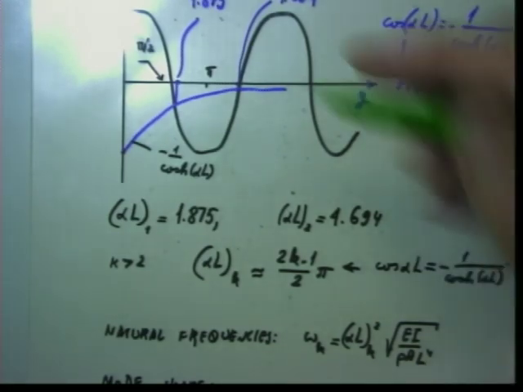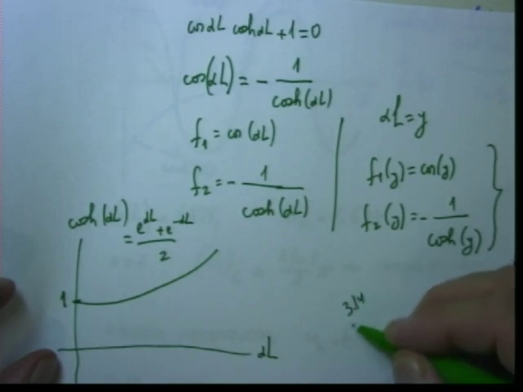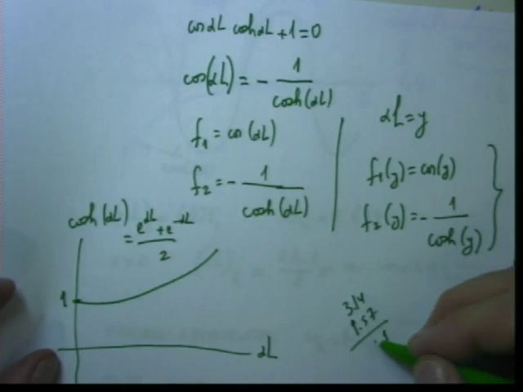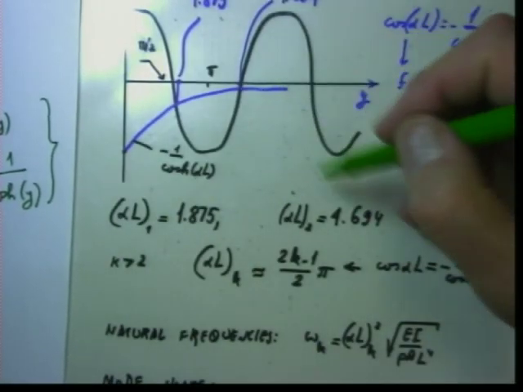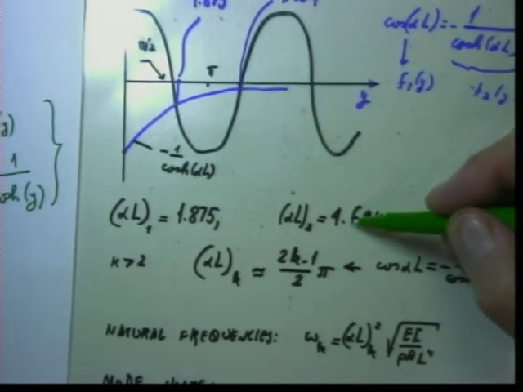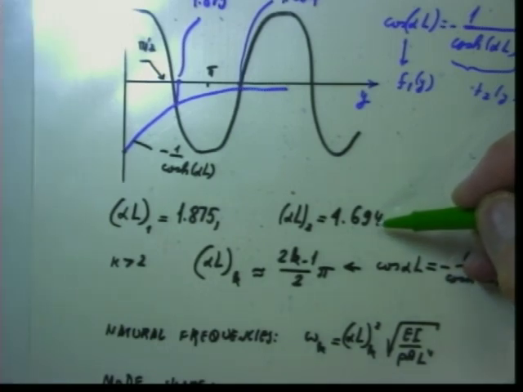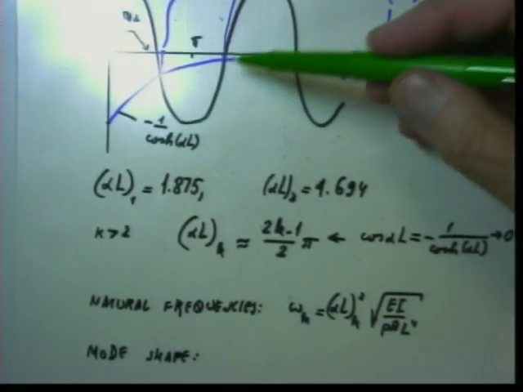Had it been just there, it would be 3.14 and 1.57, which would be 4.71. So if that was that point, that would be 4.71, but this is very close, it's 4.694. So that is the graphical solution.